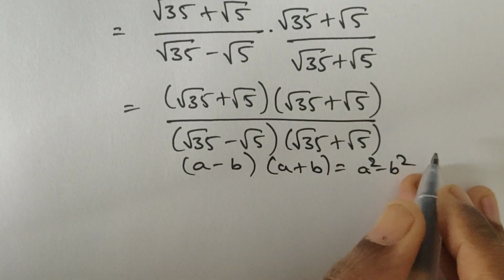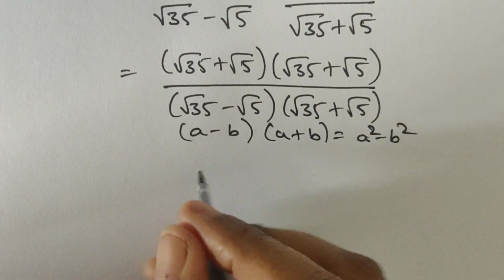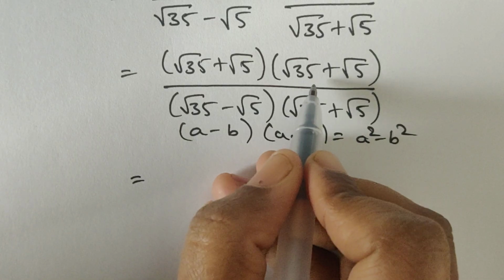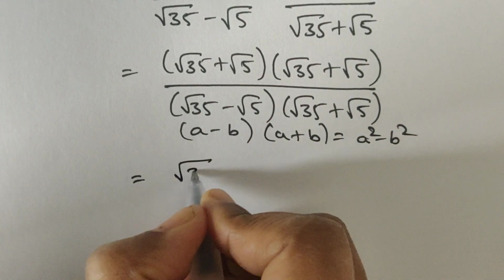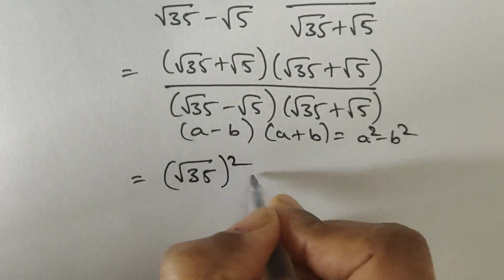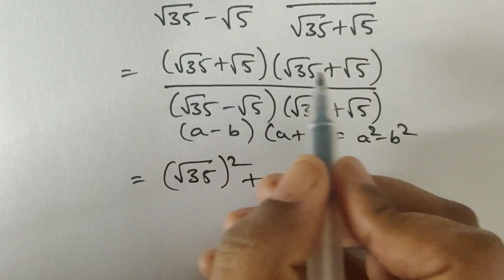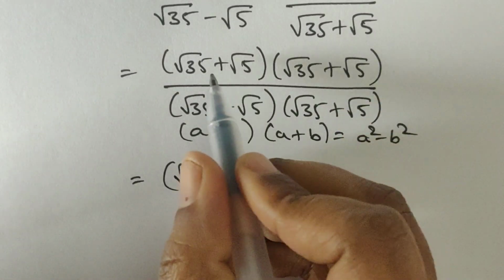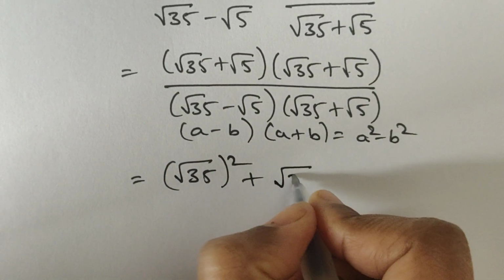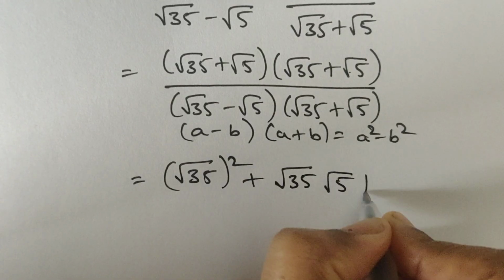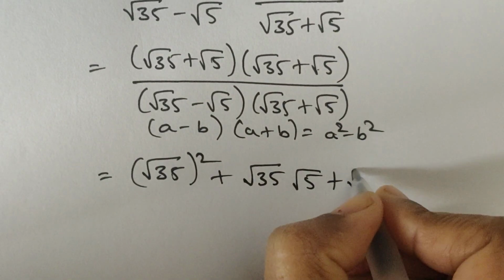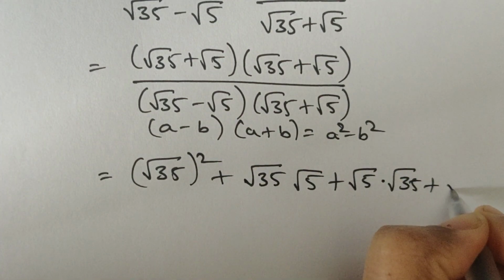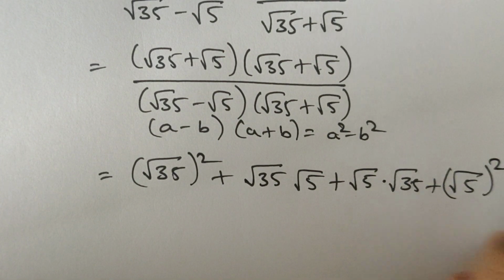So now multiply these two terms. So we will get √35 times √35 squared, plus √35 times √5, plus √5 times √35, plus √5 squared.